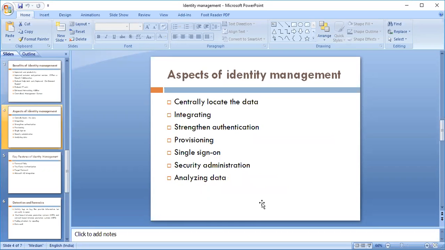Then we have a few aspects of identity management. The first aspect is to centrally locate the data, that is, establishing a common database or directory is generally the first step to gain control of identity data.